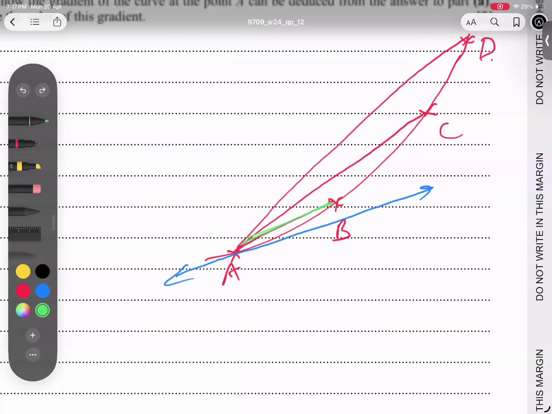It means as I will move towards A, the gradient of the chord will be equal to the gradient of the tangent. And that is the whole story.